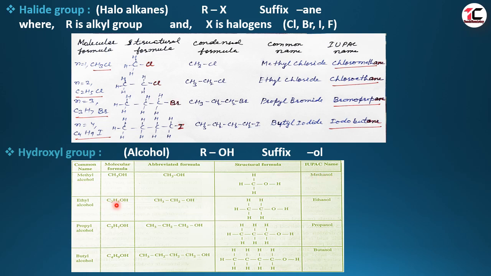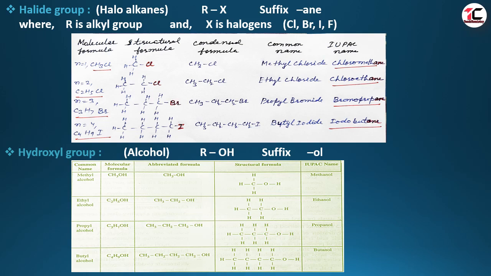For 2 carbon atoms, its common name becomes ethyl alcohol and IUPAC name is ethanol. For 3 carbon atoms, the molecular formula is C3H7OH. Its condensed formula becomes CH3CH2CH2OH. We can see in the structural formula CH3, CH2, CH2, OH.